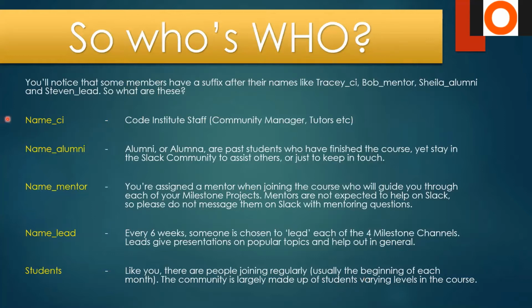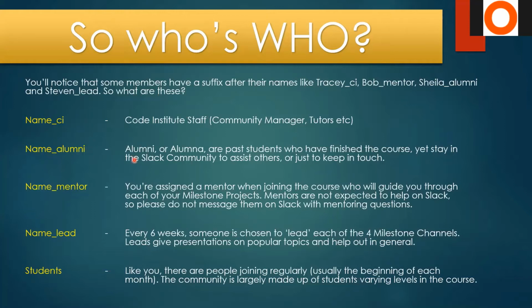Basically the who: you will see some of these suffixes on people's names. If you see a CI, usually there's a little orange dot or an orange circle around that. Those are the Code Institute staff members. Tutors, community managers, etc., are all there.